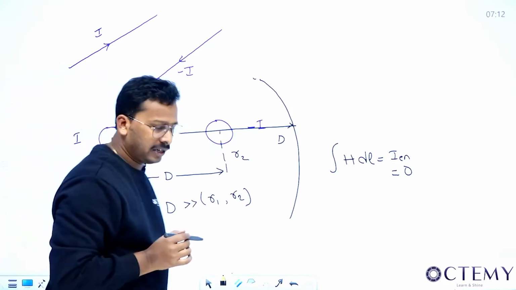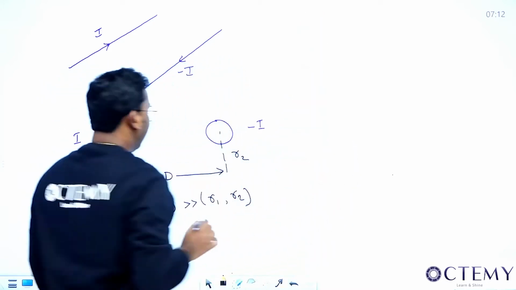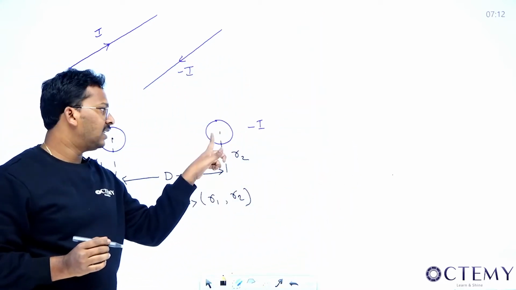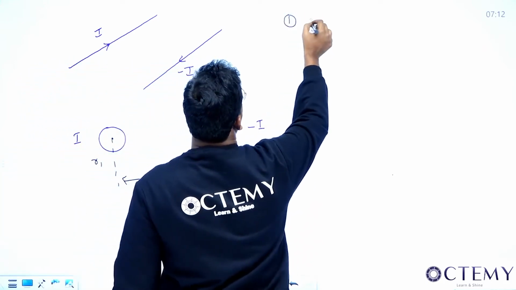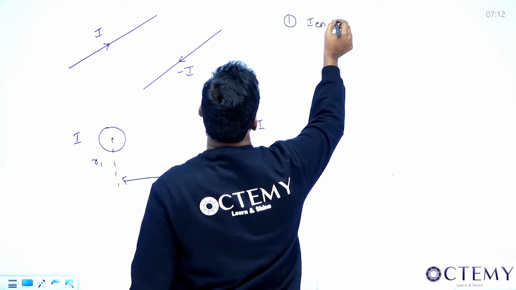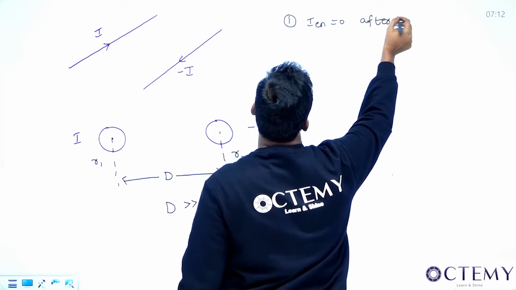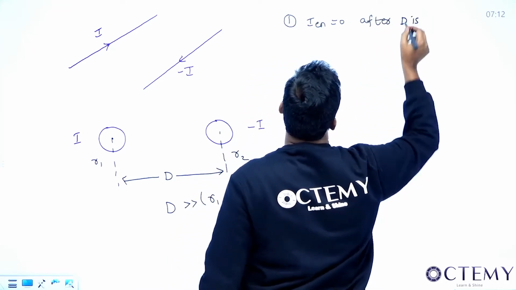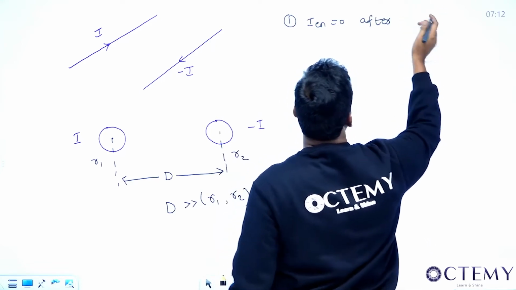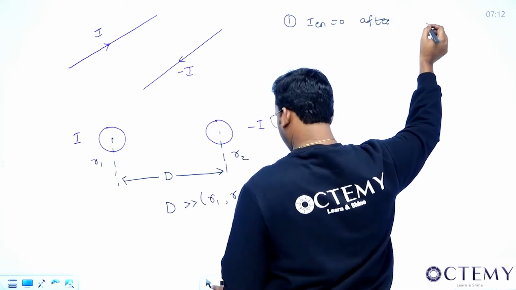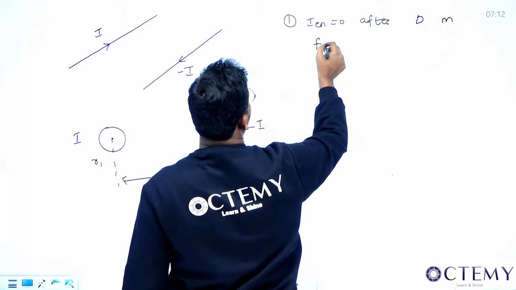Right? Another point, next point, let me write this point here. If you take your distance x outside this conductor, I enclosed is equal to 0. The first point you'll have to understand is I enclosed is equal to 0 after distance d from the first conductor.